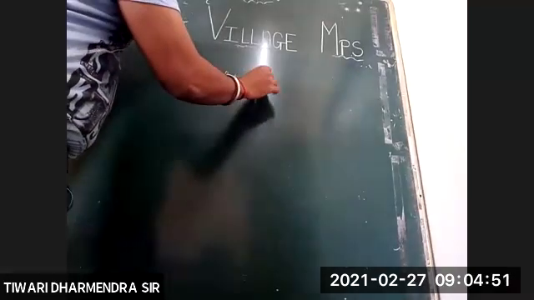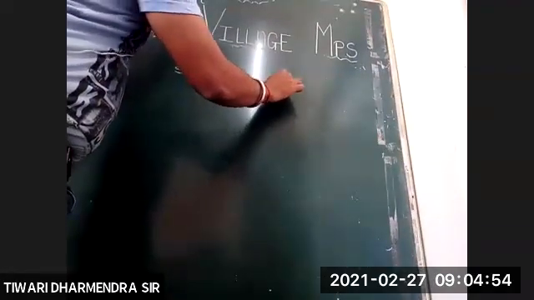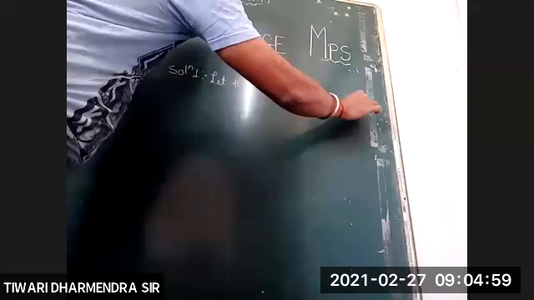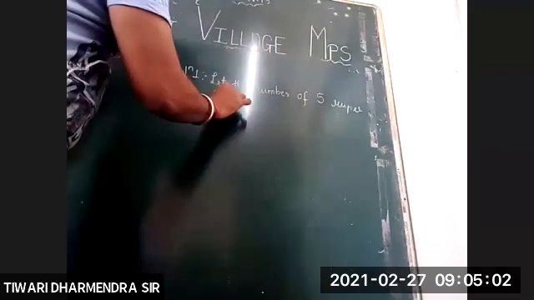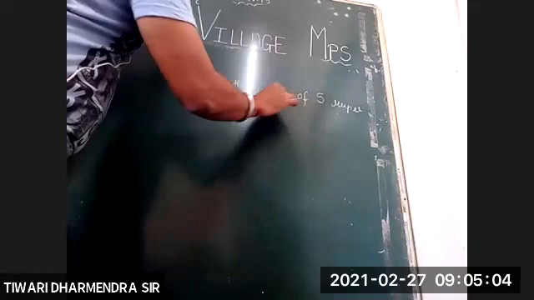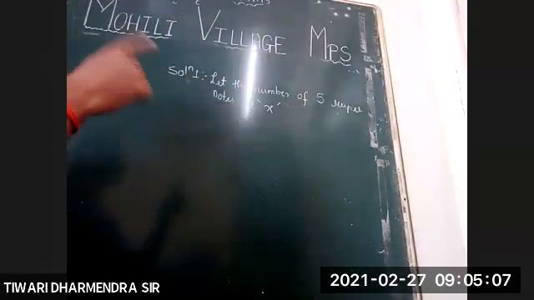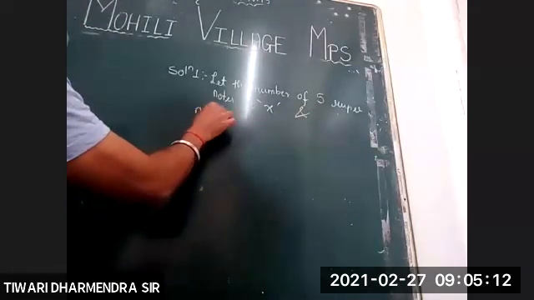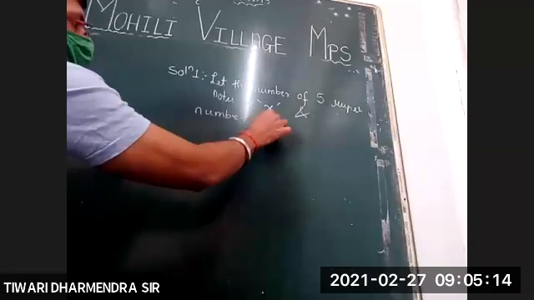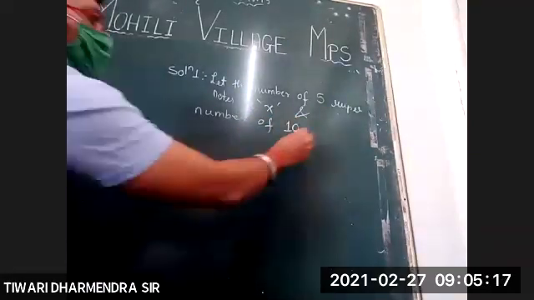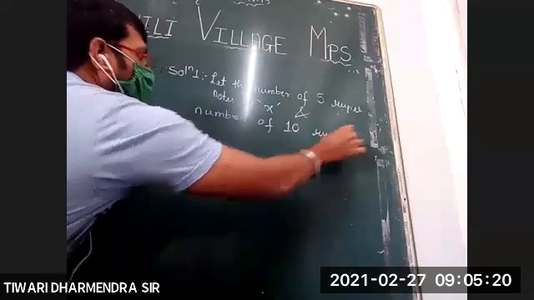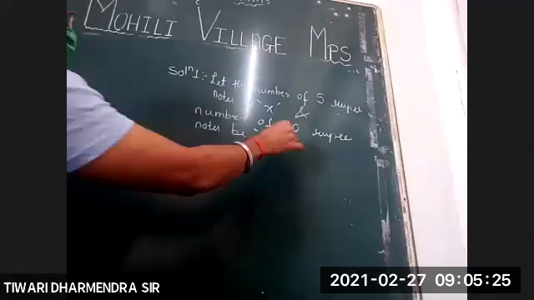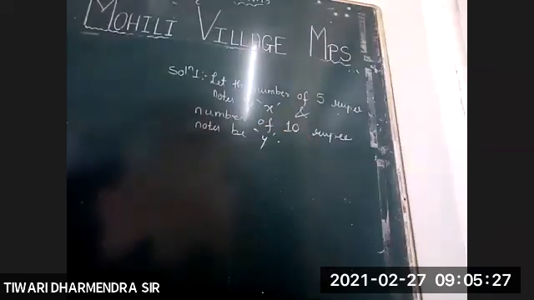Let the number of 5 rupee notes, we are assuming number of 5 rupee notes be x and number of 10 rupee notes be y. Okay, we have assumed this.